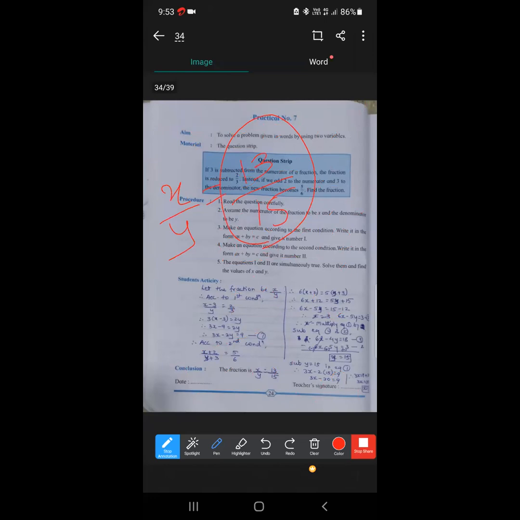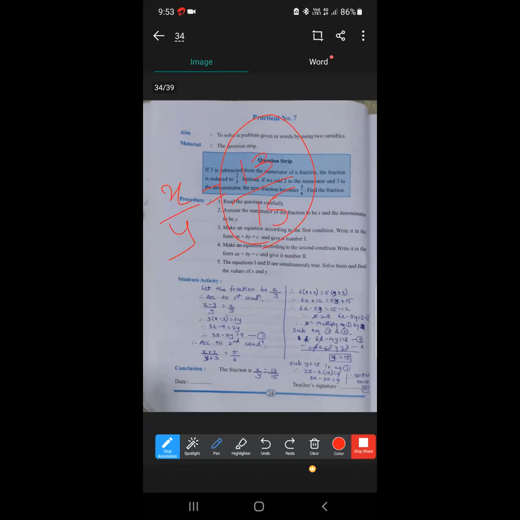So this is how you proceed with the linear equation. I don't know how many schools have started with this chapter, but this chapter is very, very important, and we are going to solve many more examples based on this linear equation.